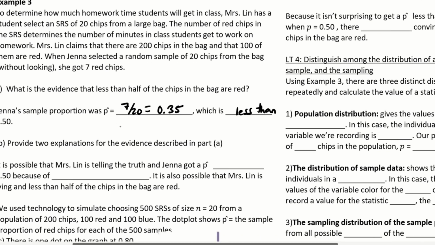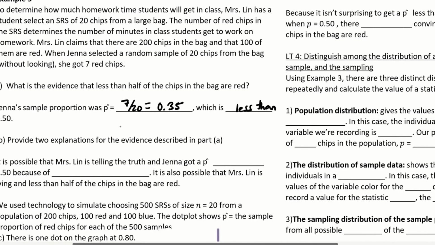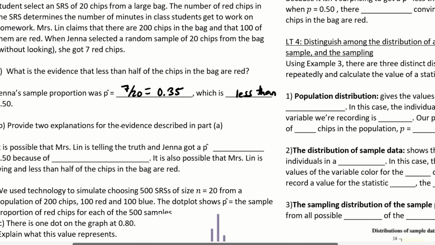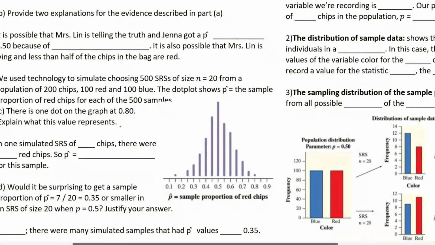But is that convincing evidence? Could this have happened due to chance? This is what we want to answer. Now, provide 2 explanations for the evidence. Well, there's a couple of explanations. The first explanation: it's possible that Mrs. Lin is telling the truth, and Jenna just happened to get a p hat less than 0.50 due to chance, or due to sampling variability, because sampling variability is something chance-based.